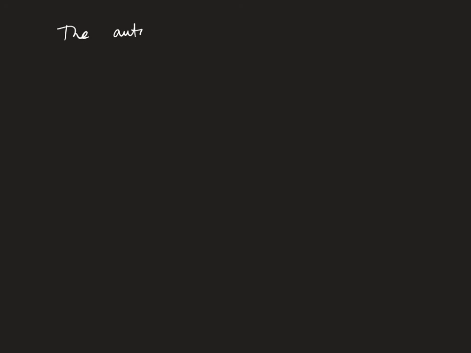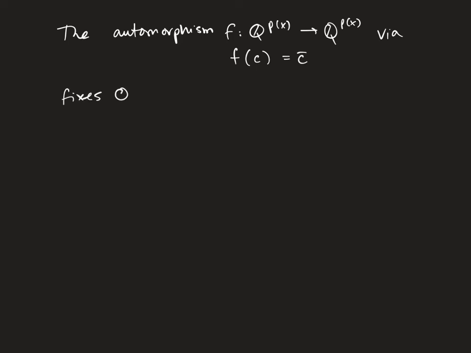The automorphism F from Q adjoin P of X to Q adjoin P of X, via F of an element is its conjugate, fixes Q. We've already seen that this is an automorphism.